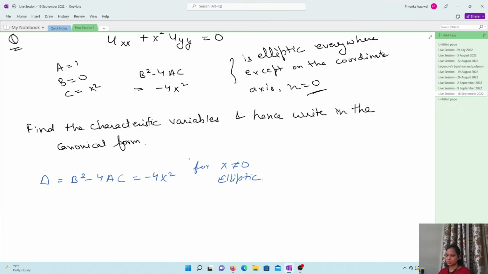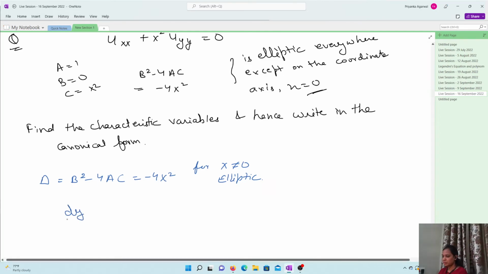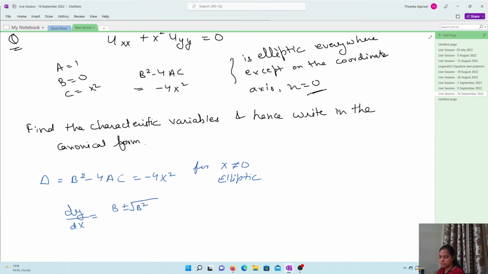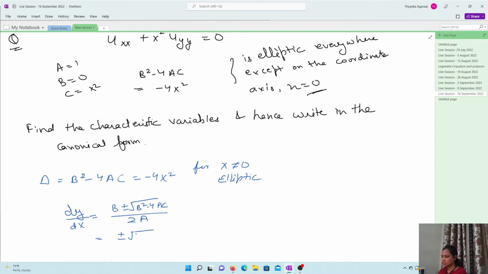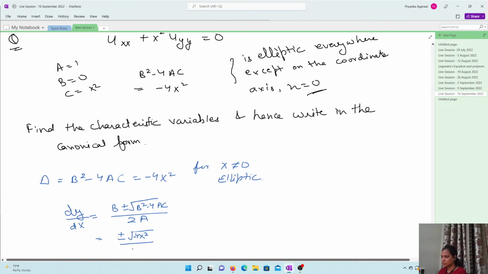Okay, now let's find the characteristic variables. So dy by dx can be written as b plus minus under root b square minus 4ac over 2a. Here b is 0, so this becomes plus minus under root minus 4x square over 2.